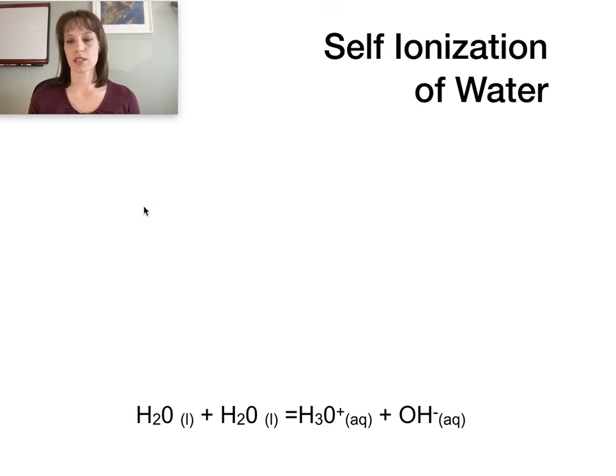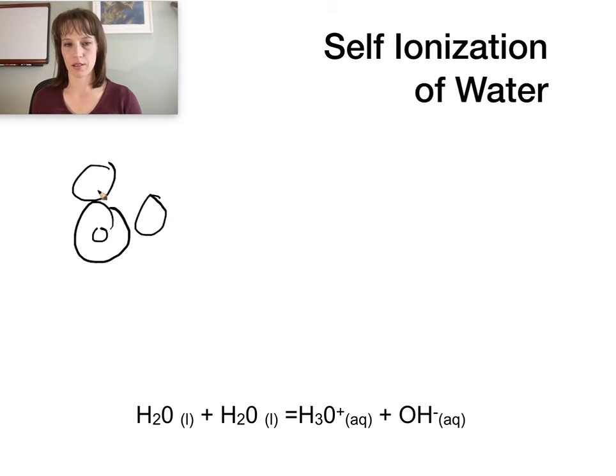So first, to look at pH, we need to talk about the self-ionization of water. Water, we know, is a polar molecule. The hydrogens align a little to one side of the molecule, making it slightly positive and slightly negative, which is a polar molecule.